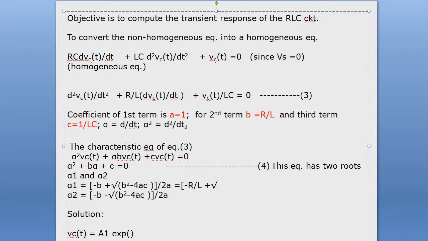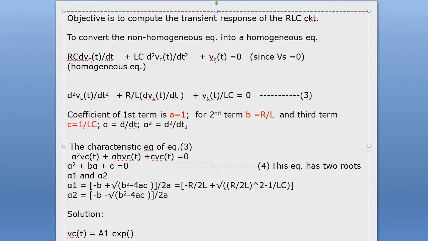Simplify, 2a will be equal to 2, so within the square root you can write r by 2l whole square minus 1 by LC.